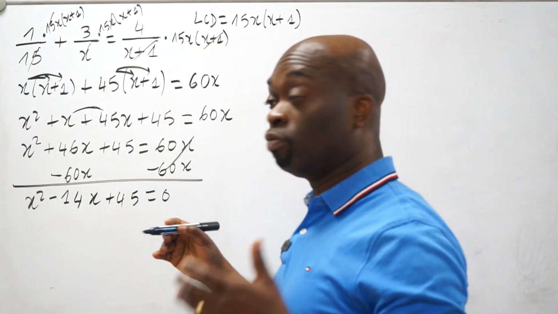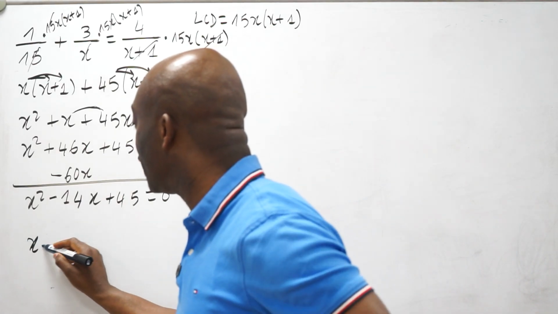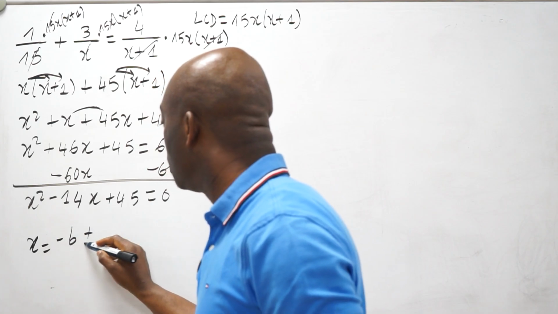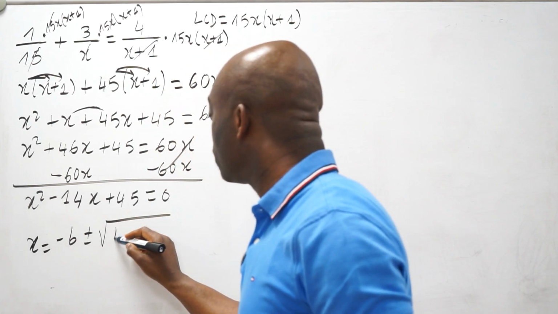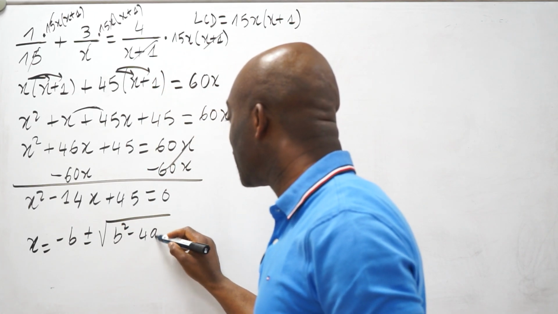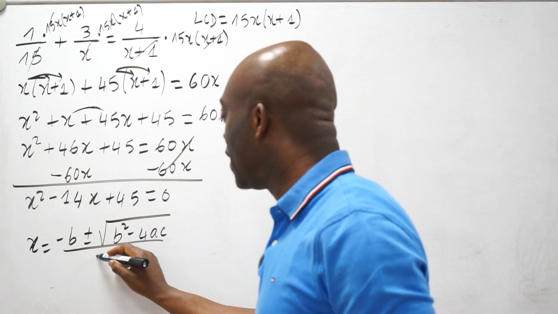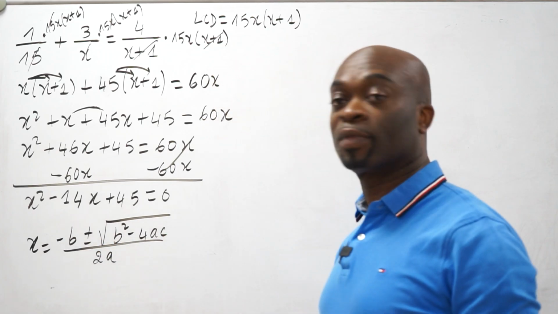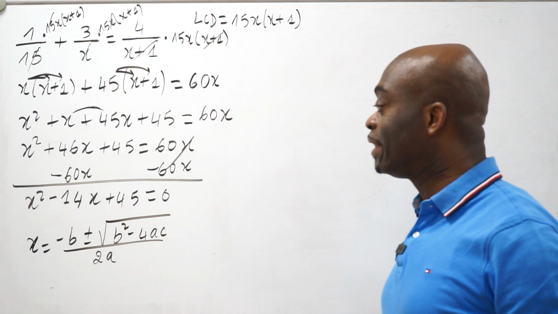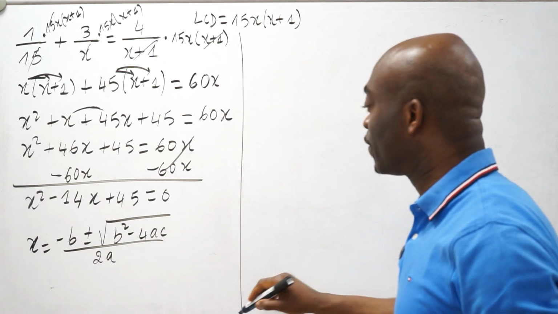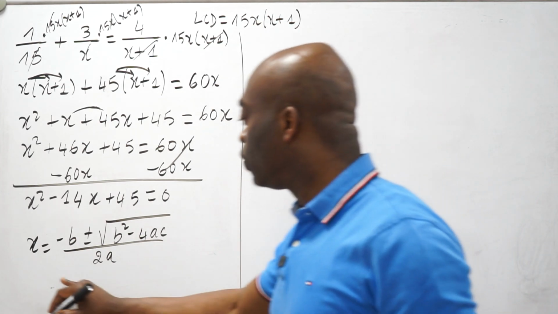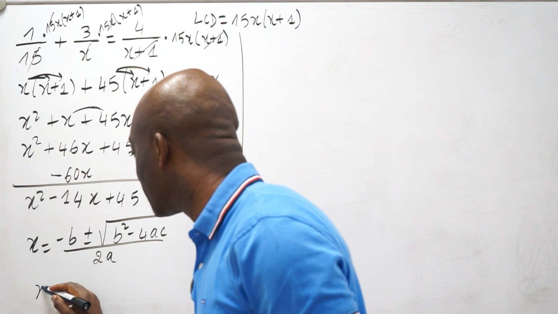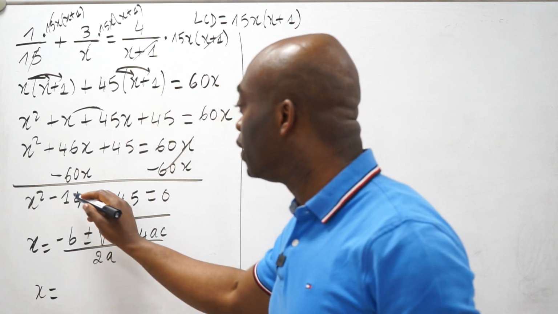Okay? Now, we can go with the quadratic formula. x equals negative b plus minus square root of b squared minus 4 times a times c, divided by 2 times a. All right? So once we have it like that, we can even put it here already. So this is x equals what? b is negative 14.